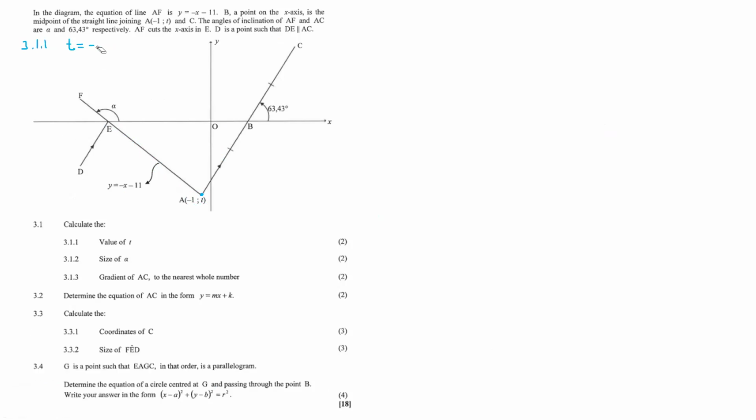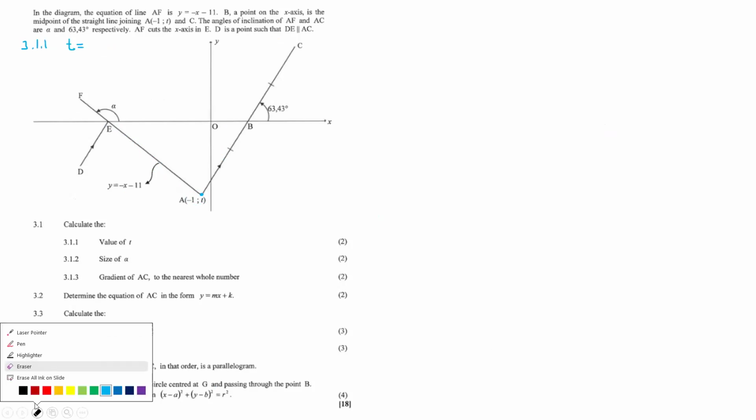So y is equal to negative times negative 1 minus 11. If you solve the equation here, p will be equal to negative 10. So 1 mark for substitution, 1 mark for answer. It is 2 marks.